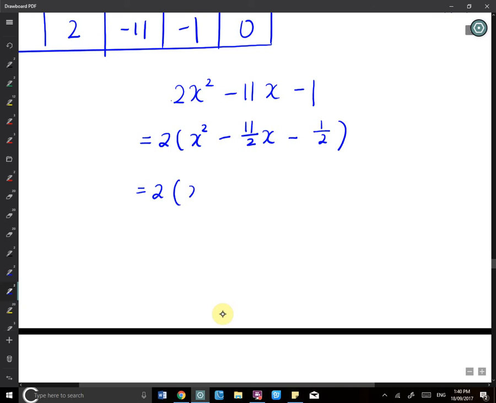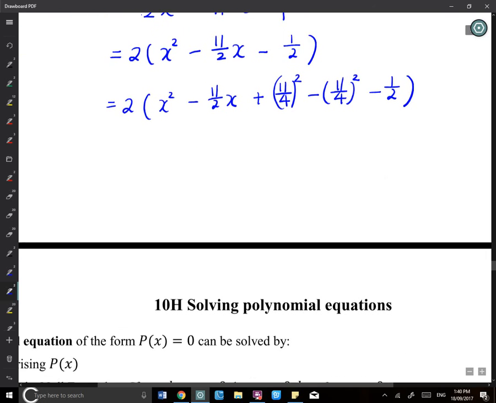So what we will do is add half of that squared, subtract half of that squared. And don't forget you have a 1 on 2 as well.